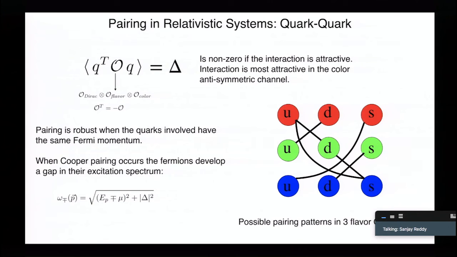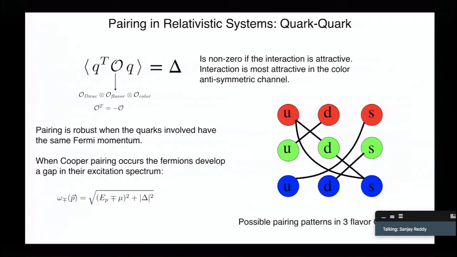So if there is an attractive interaction in some channel, let's say you have attractive interactions between up and down quarks, or between up and strange quarks, then that operator will tell you what is the type of isospin, color, or flavor structure that needs to be there. And typically the most important channel for pairing is the pairing of quarks with spin up with quarks with spin down.